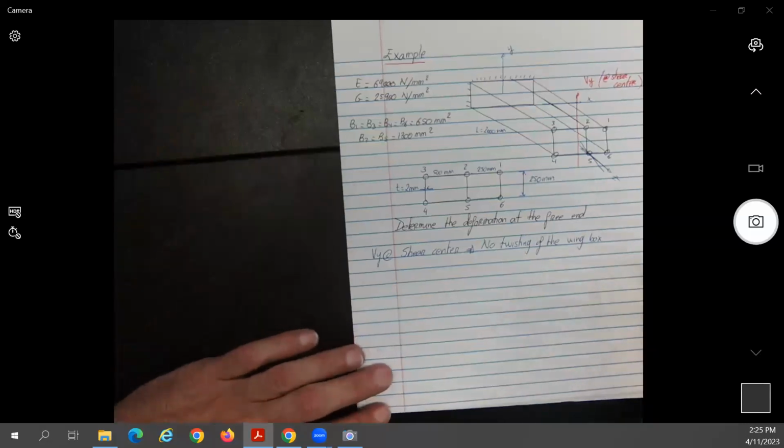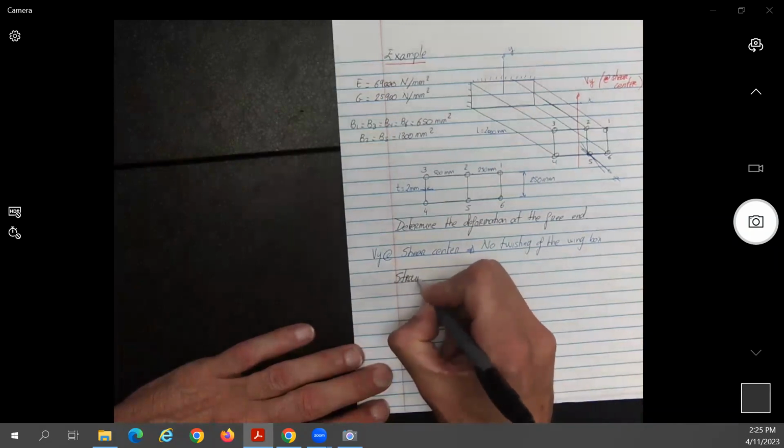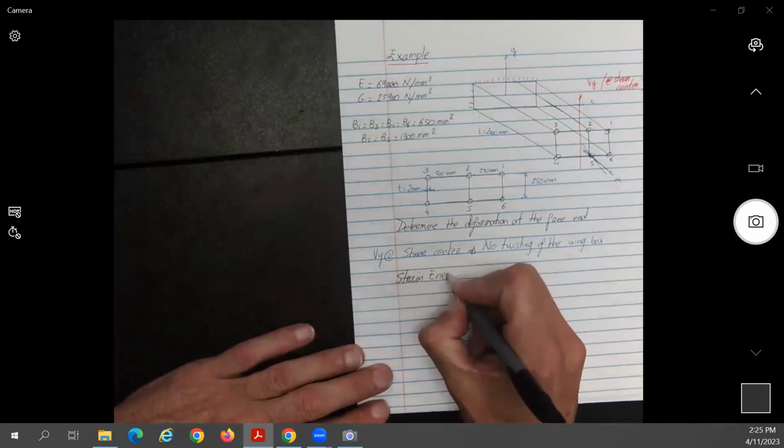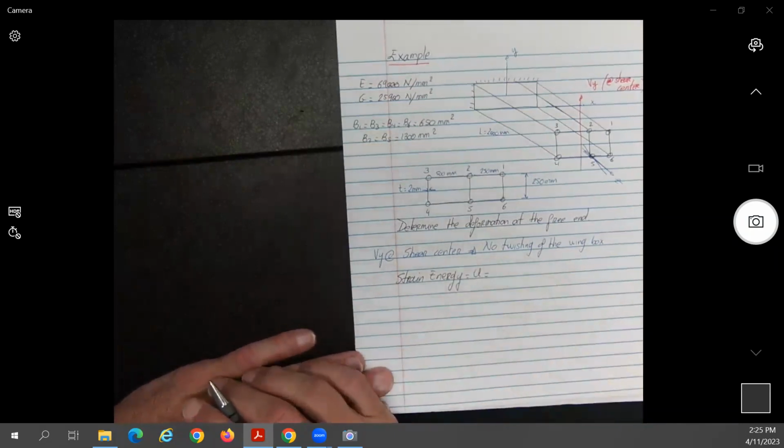So basically, we could say in this case that the strain energy, for which we use the letter U, will be equal to what?